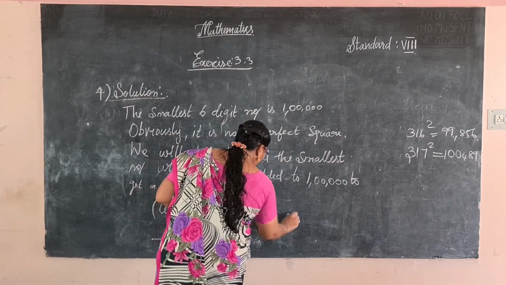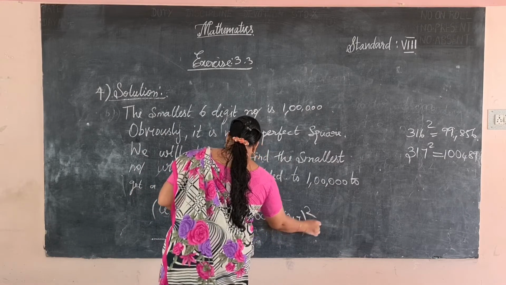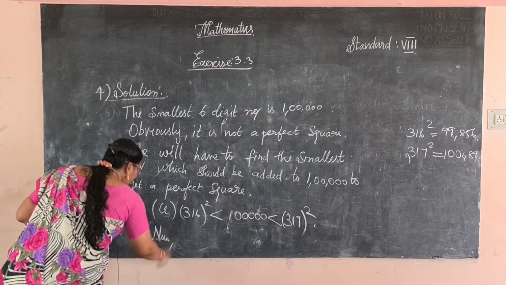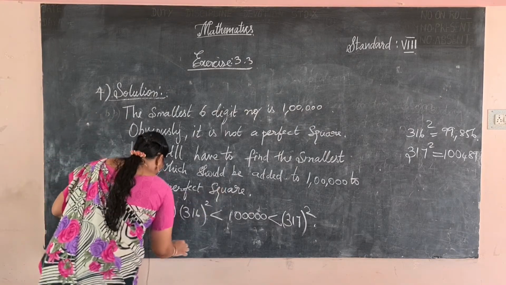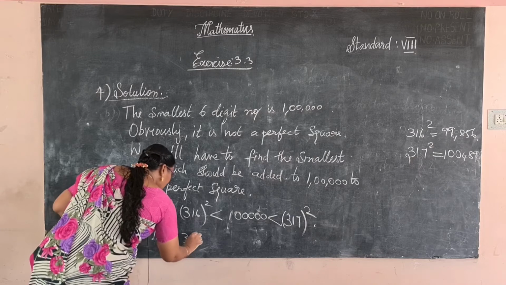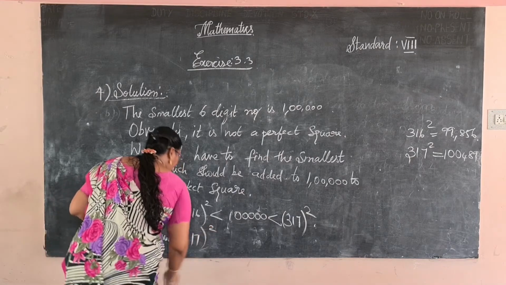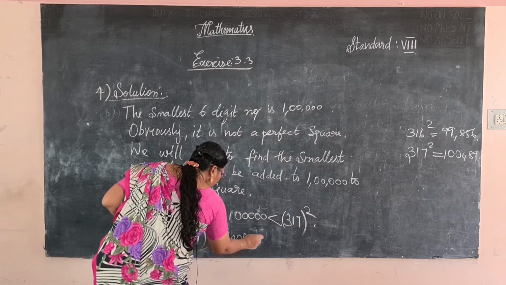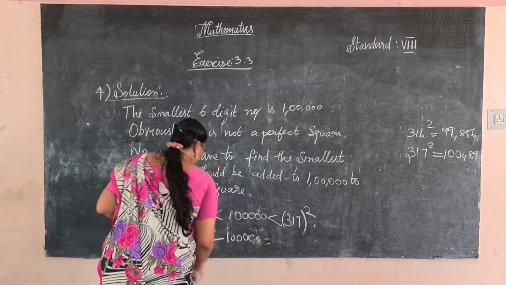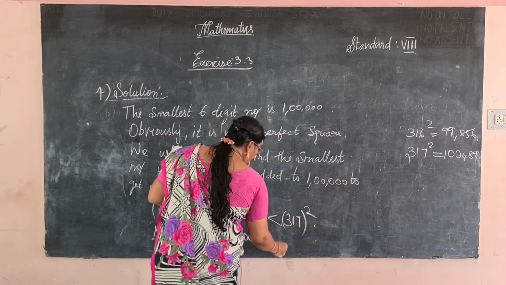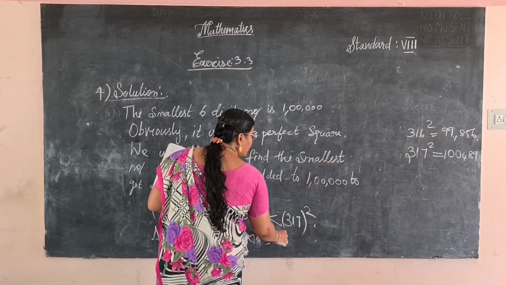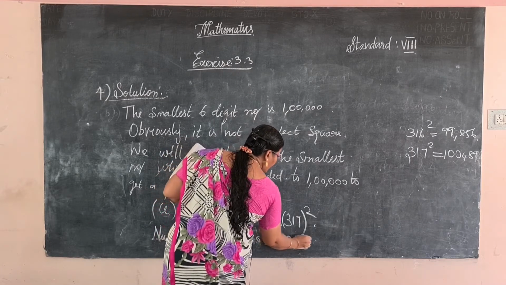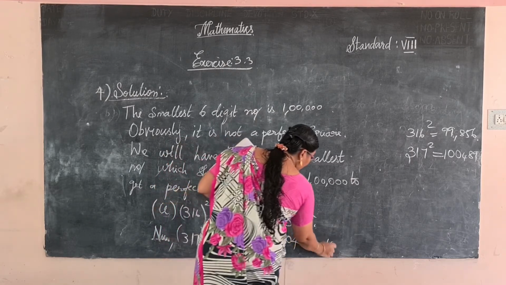Now what is that value? 317 squared minus 1 lakh. The 317 squared value is 1,00,489 minus 1 lakh.